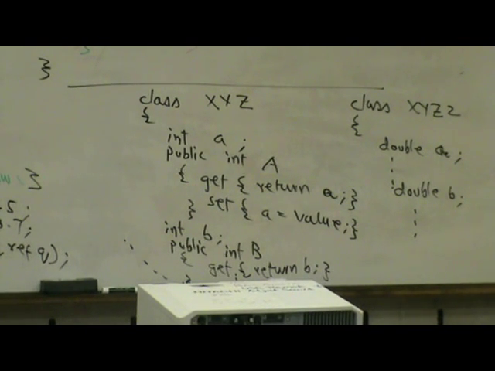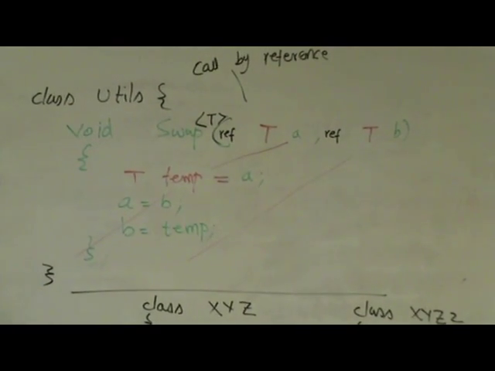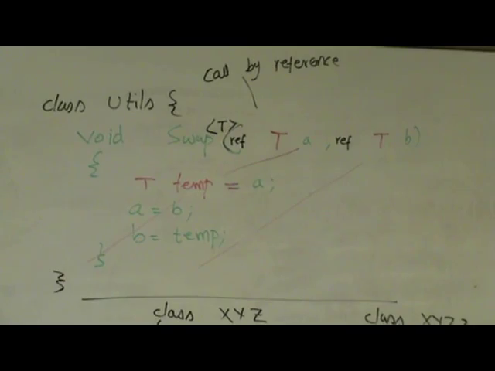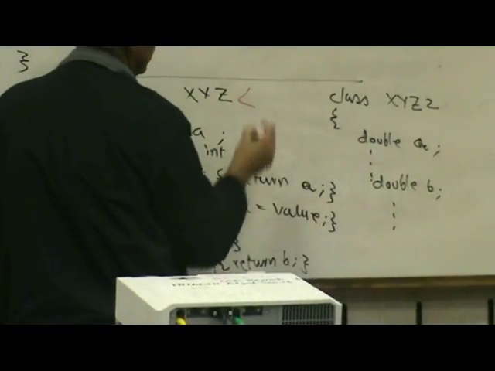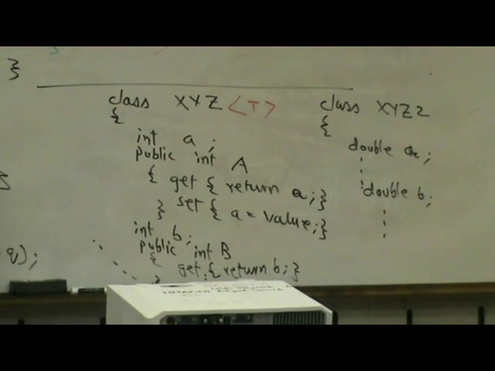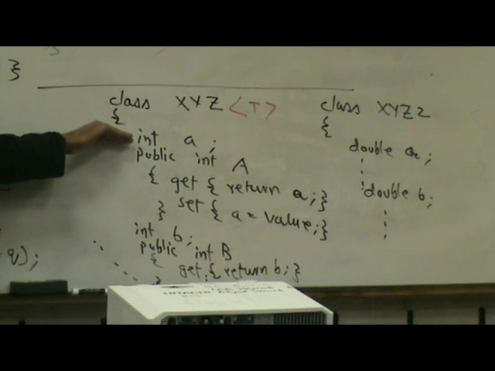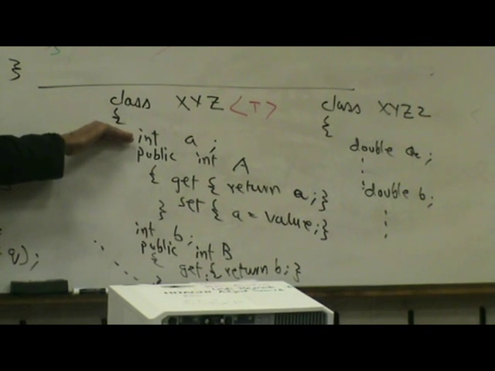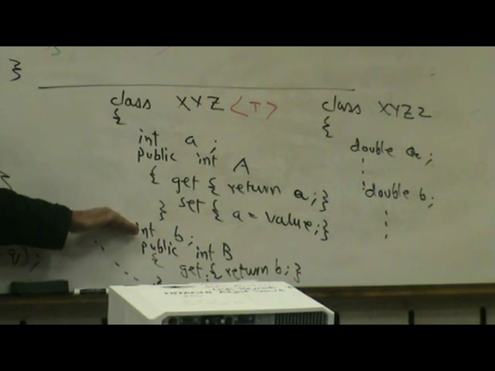right? So just like a generic method, after the name of the method, we indicate the flexible or the generic data type. Very similarly over here, after the name of the class, we indicate the generic data type, okay? Now, how many data types are there? What if we wanted the flexibility that this could be an int, this could be a double, or this could be a string, this could be a byte.